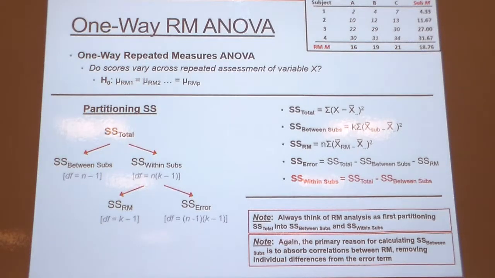And so always think about our repeated measures design as first parceling out this between. The between is the individual differences stuff, right? Because in a one-way repeated measures design, what's our between? It's the differences across individuals, right? So this is sucking out all this stuff.